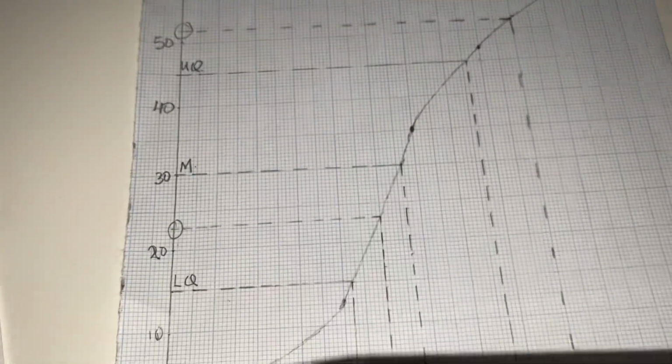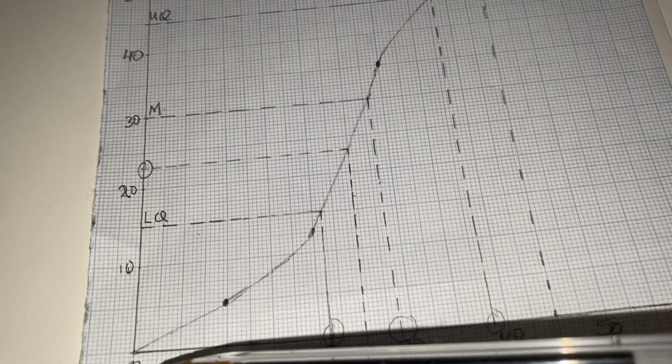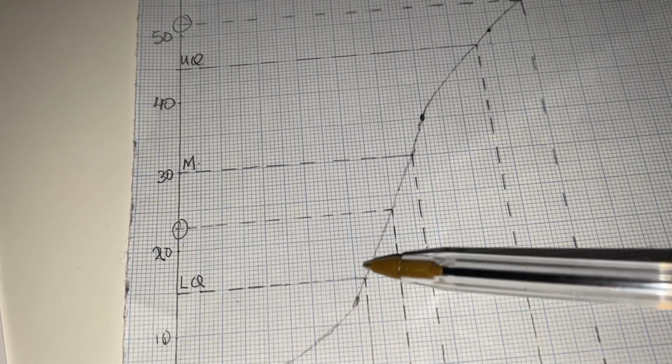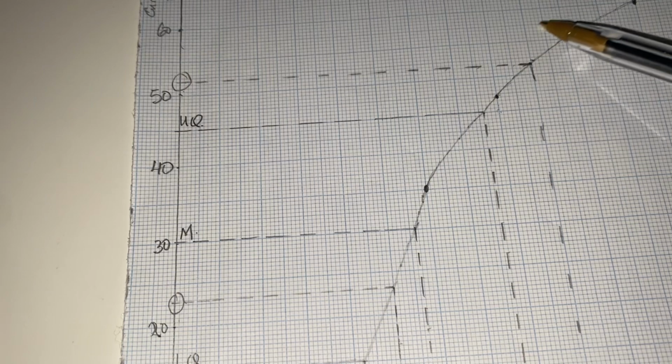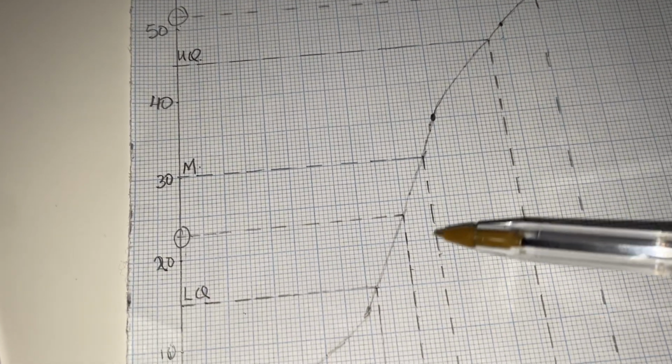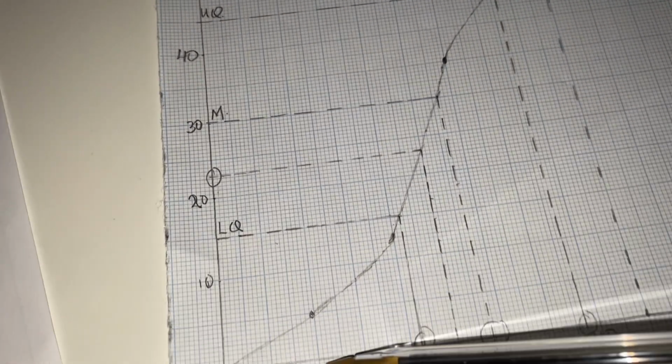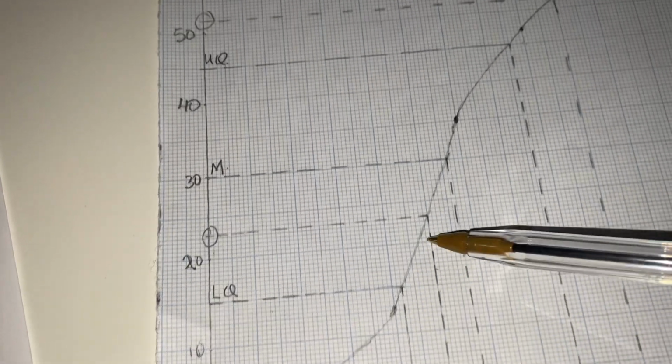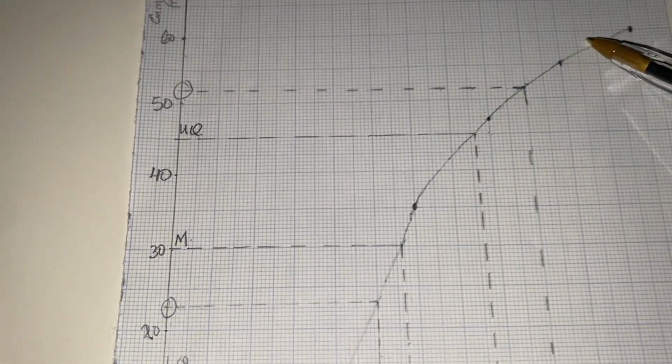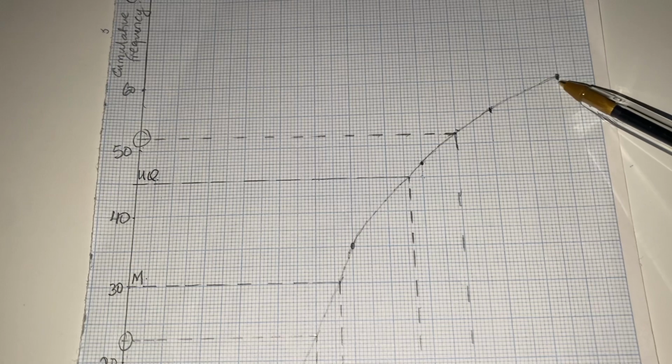Now I haven't shown you my curve. My curve by freehand, I follow the points, and that's what I get. This looks a lot nicer than the one I showed you yesterday.